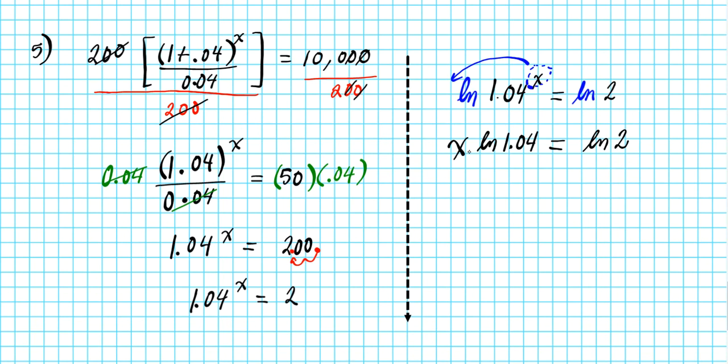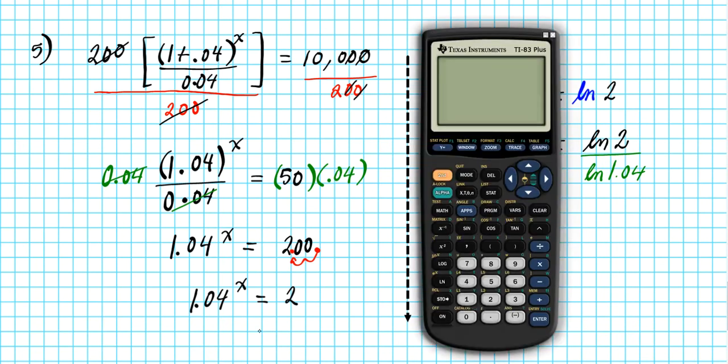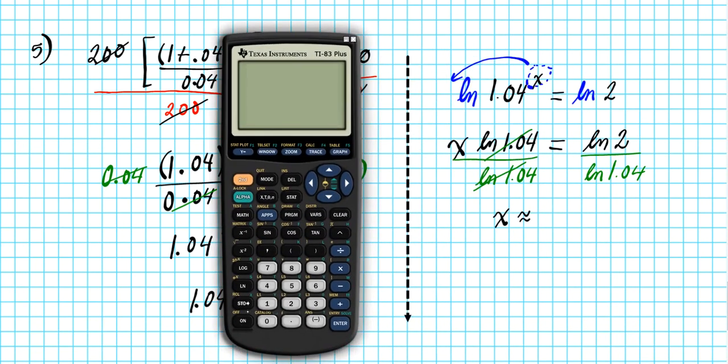Now to get x isolated, we will go ahead and divide both sides by the natural logarithm of 1.04. Okay, so on the left side we have some cancellation action happening, and then for the final result, we'll enter this quotient into our calculators.